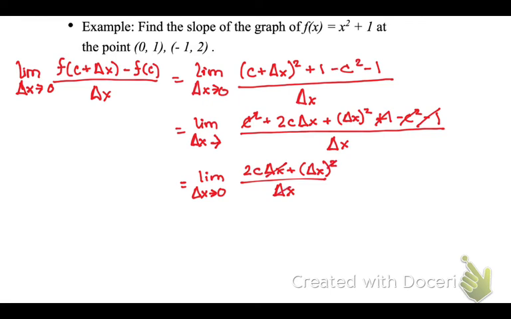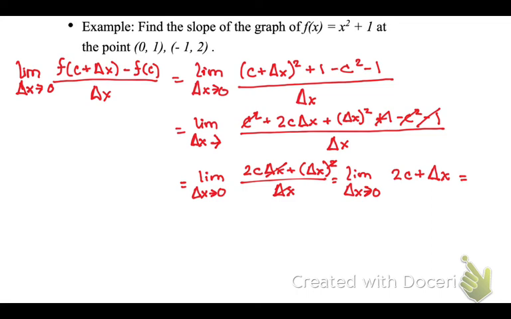So that leaves me with the limit as delta x approaches 0 of 2c plus delta x, which just gives me what? Well, delta x is approaching 0. So how do I find a limit?